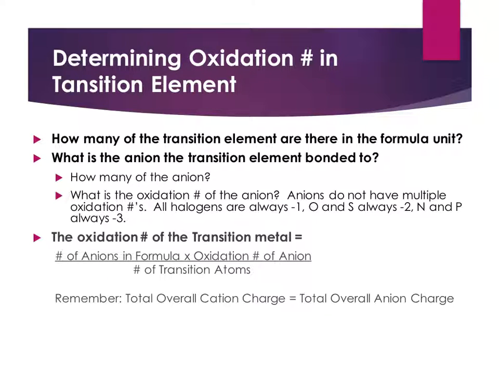That gives you the oxidation number. I'm going to show you how this works in a few seconds. So charge times number must equal charge times number, because of this. So let's see how this works.